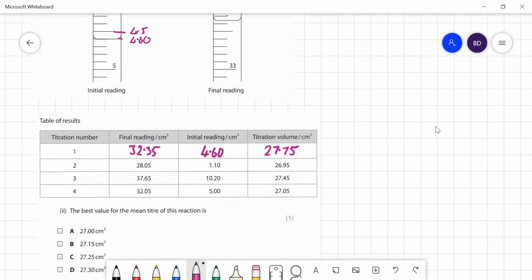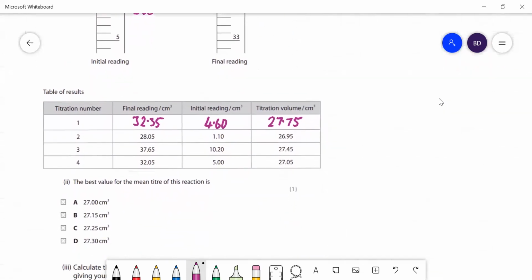Right, the best value for the mean titer of this reaction. Now, for the mean titer, we should be looking for concordant values, and by concordant, they've got to be within 0.1 centimeters cubed of each other. So if we look at these values, the only two concordant ones we've got are 26.95 and 27.05.